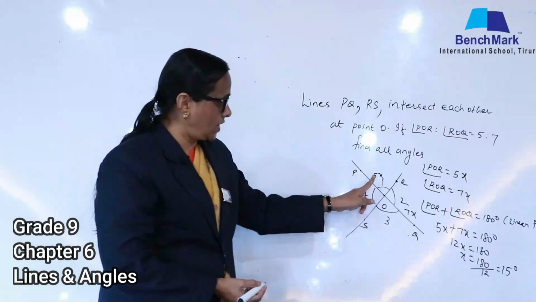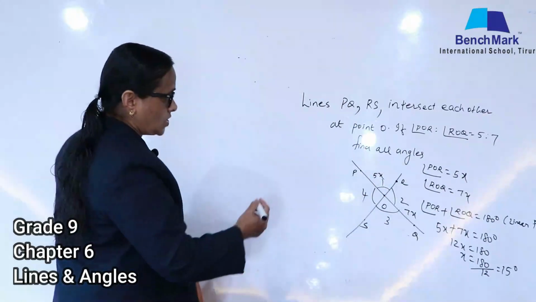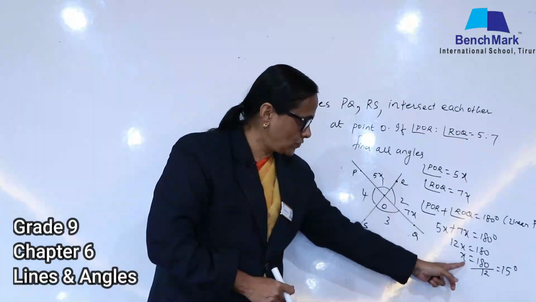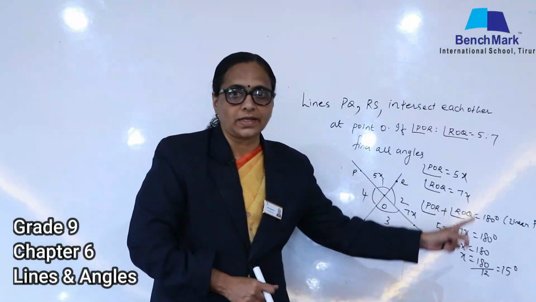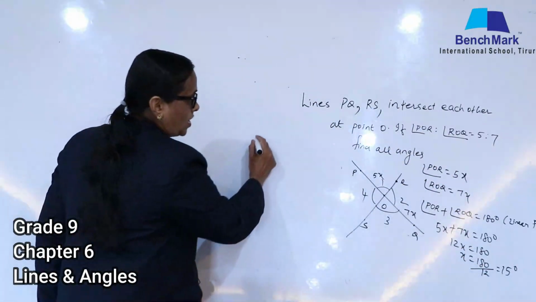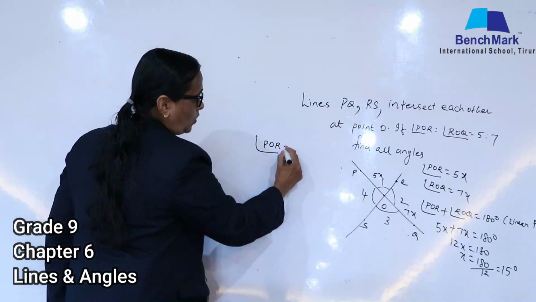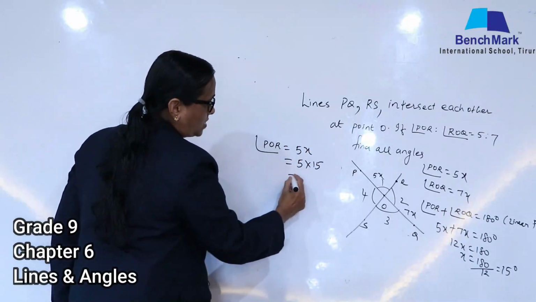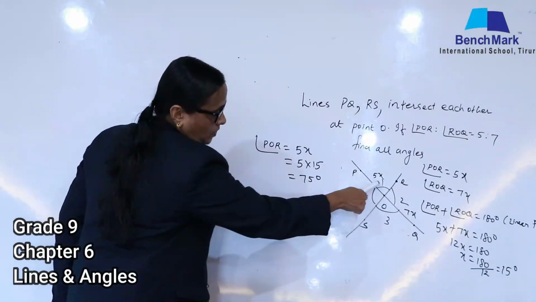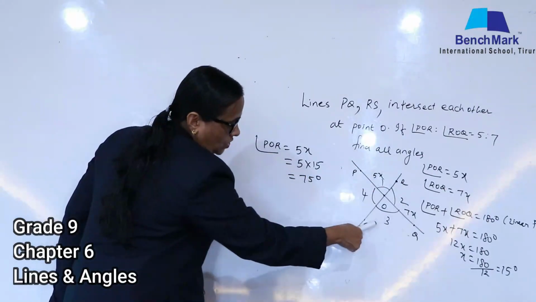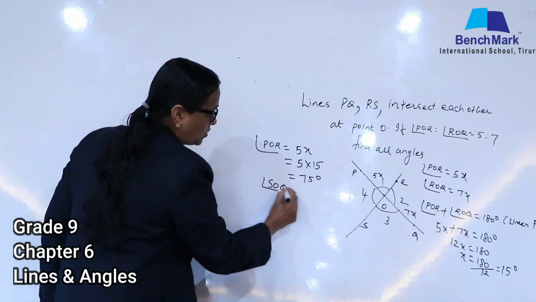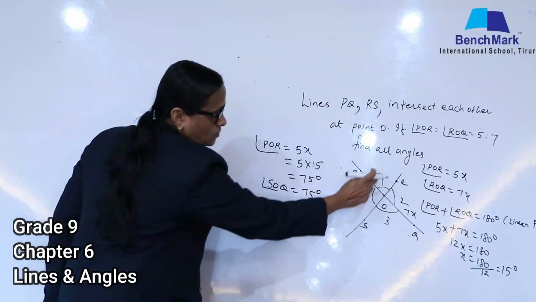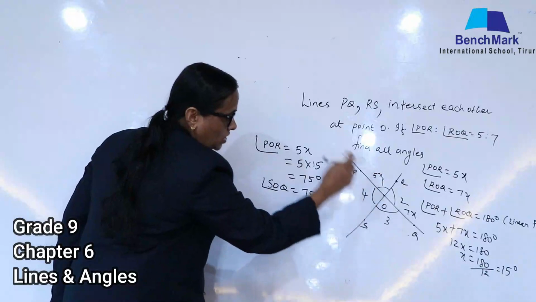Using this x, I can find all the angles. So what will be my angles? X equals 15 degree. Using this x, I can find all the four angles. What is POR? POR is 5x, that is nothing but 5 into 15, 75 degree. If POR is 75 degree, naturally SOQ will also be 75 degree since both are vertically opposite angles.